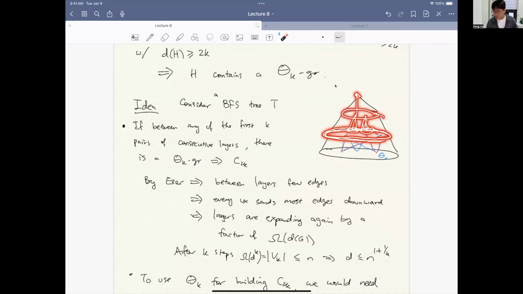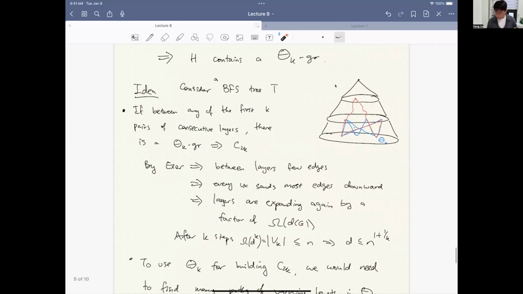That can only mean that this set must be large. And all the vertices here send most of their neighbors down, very few up, to be able to make this pair sparse without having theta k. So every layer is expanding. Again, finishing the proof. Any questions?